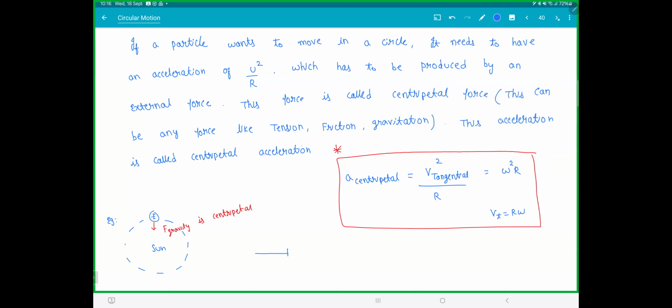For example, if you tie a block of mass m and make it go in a circle, again, the reason you're going in a circle is because there's a tension in the string. So tension is centripetal. So centripetal force is not a new force. Anyone that helps you to go in a circle is called centripetal. Is this clear, everyone?